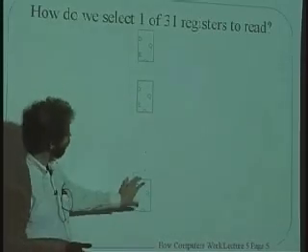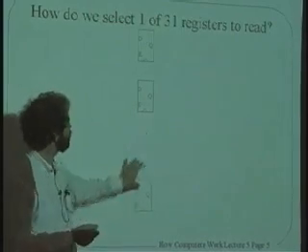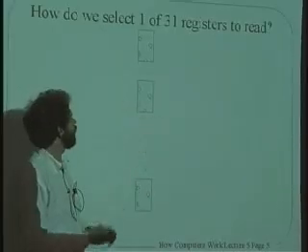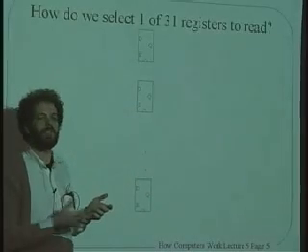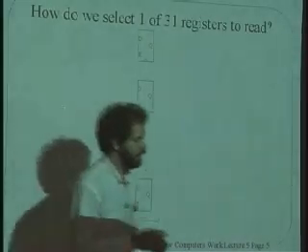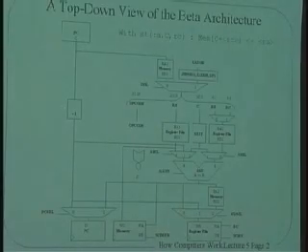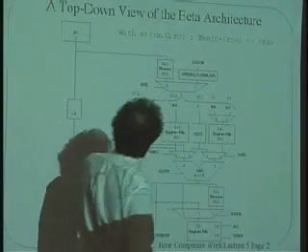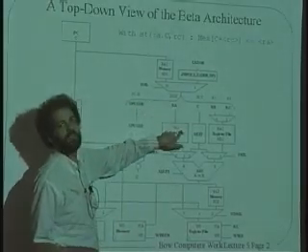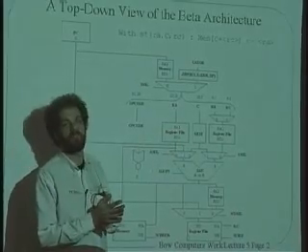And the question is, if we have these building blocks, each of which acts as a camera, so now we have 31 cameras arranged all in this column here, how do we build a system to select which one of those I want to read on any given cycle? Because again, going back to the architecture, the way this worked is that we had a 5-bit address that came in here on RA1, and that selected one of the 32 registers, right?